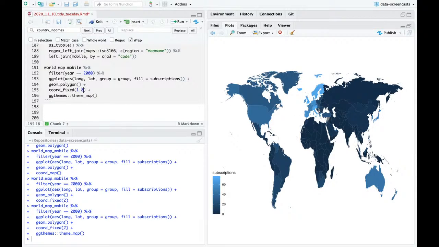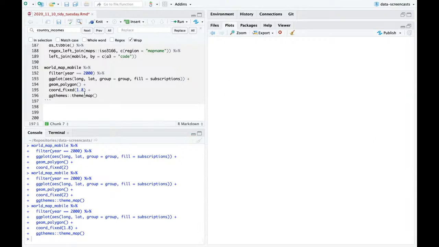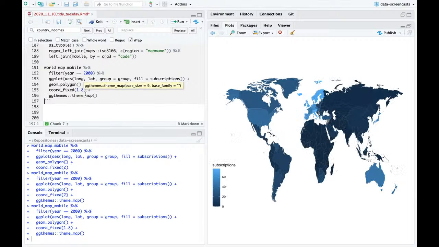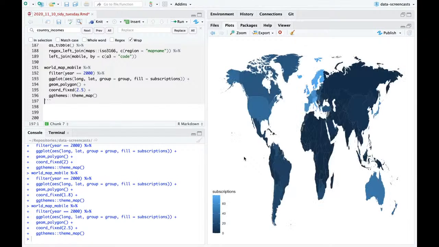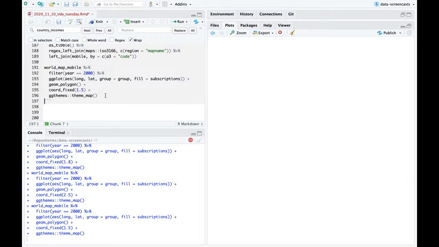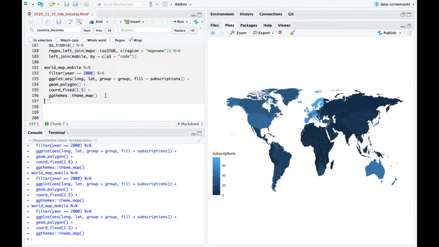Maybe I want like 1.8. Get it a little bit wider. No, I actually think I wanted like 2.2. Get it a little bit wider. Actually, am I doing this backwards? Yeah, that was what I meant to do.